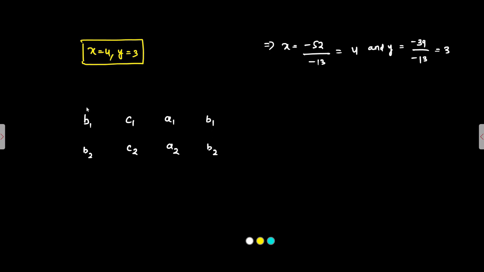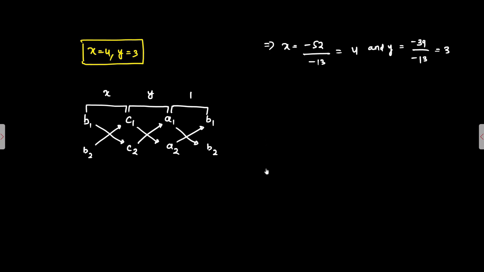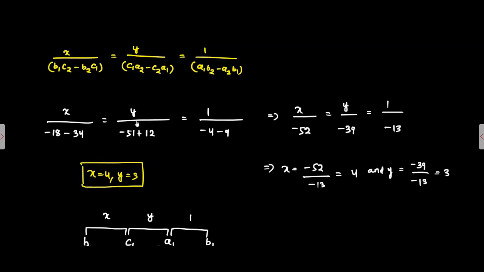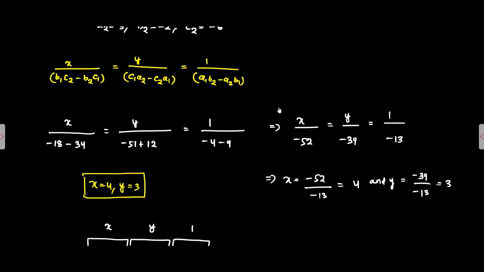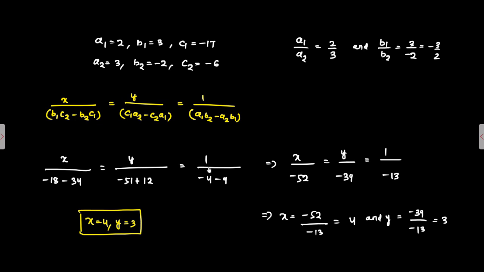This whole thing you can do, and you can write the things: x by B1 C2 minus B2 C1, y by C1 A2 minus C2 A1, 1 by A1 B2 minus A2 B1. Just draw this diagram and you will be able to recall the same formula, and you can put the values and you can get the result.